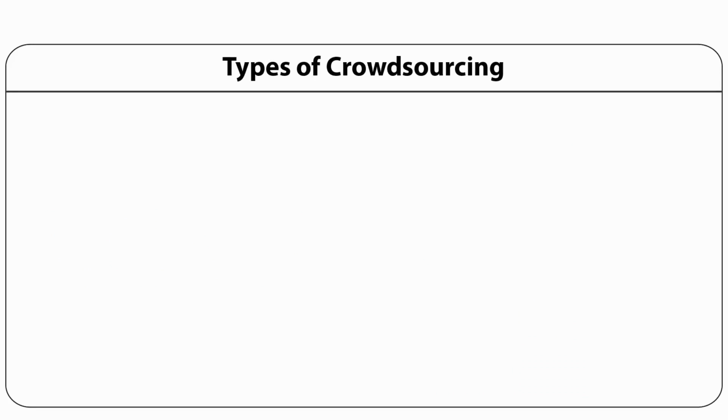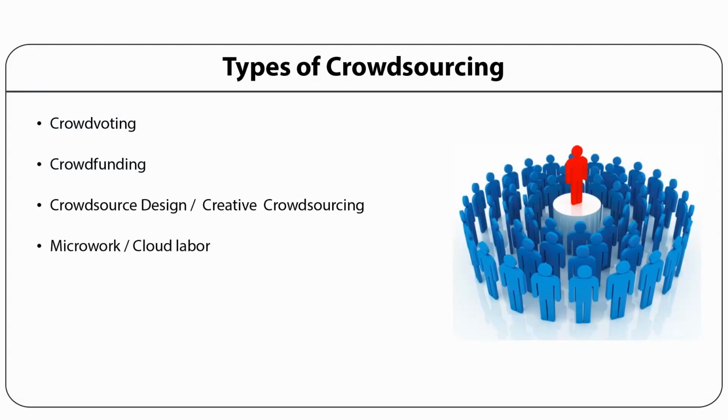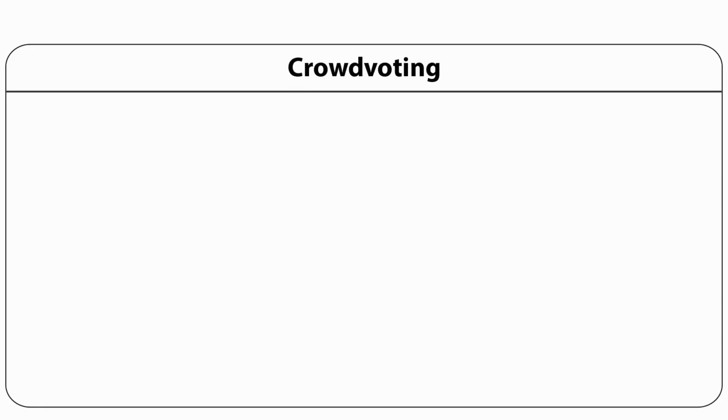Types of crowdsourcing. We will study various types of crowdsourcing techniques like crowdfunding, crowd voting, crowdsourced design or creative crowdsourcing, microwork or cloud labor, open innovation, community building, and collective knowledge. Crowd voting.